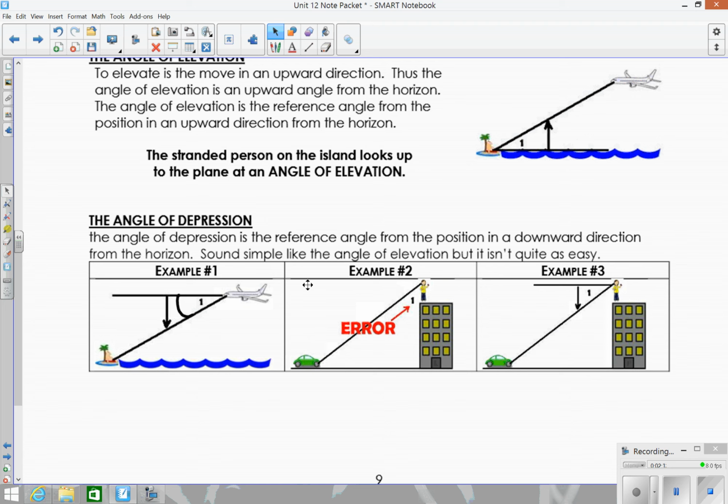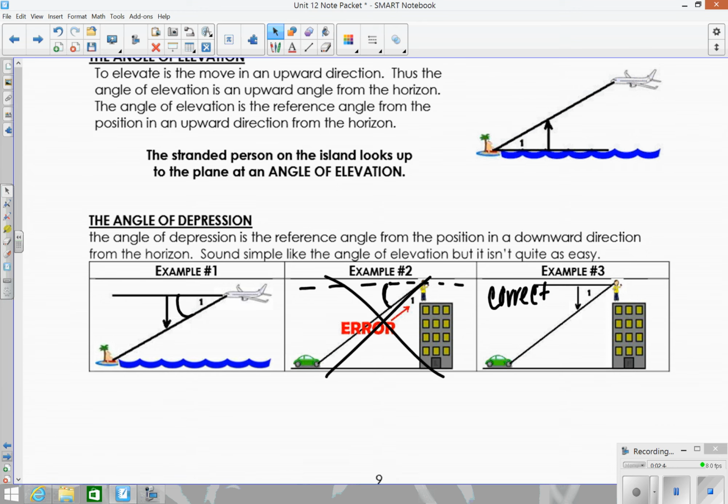In order for it to work, I would have to draw my horizontal line, and it's this angle here from the horizontal line down to the car that would be my angle of depression. This is the correct version over here. This one we don't really want to look at, but that's the most common mistake I've seen with these. So always make sure that you're measuring elevation and depression from the horizontal line.